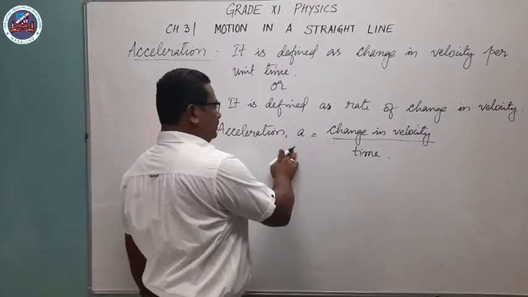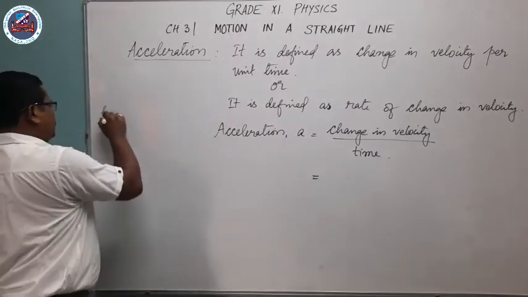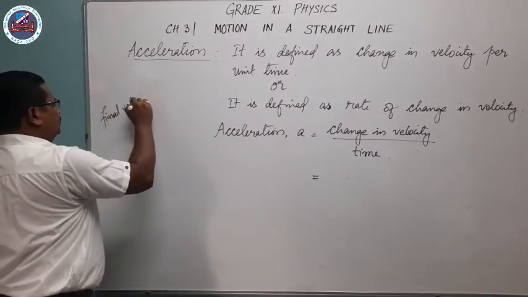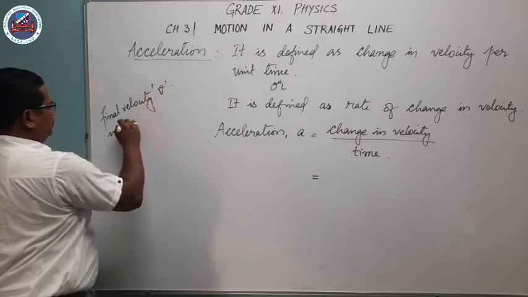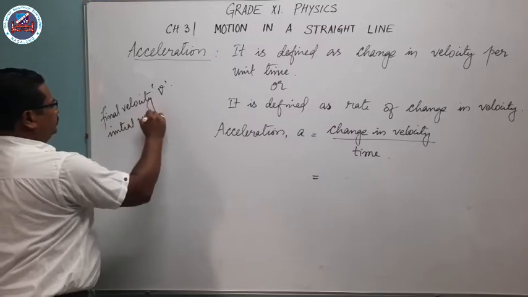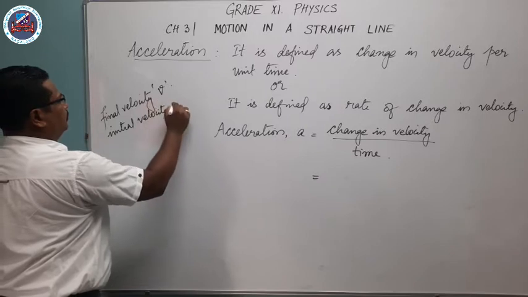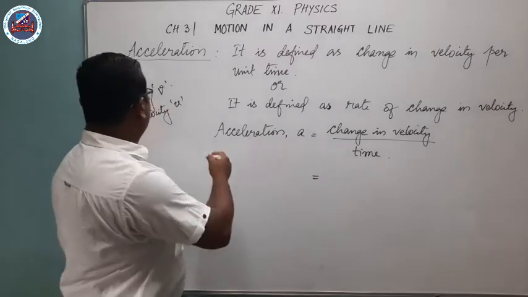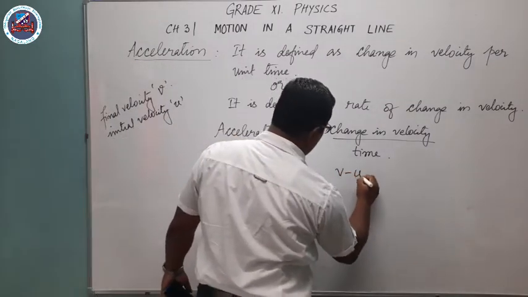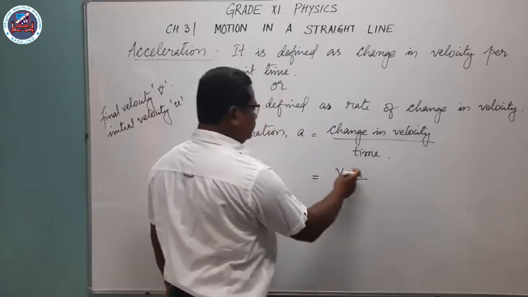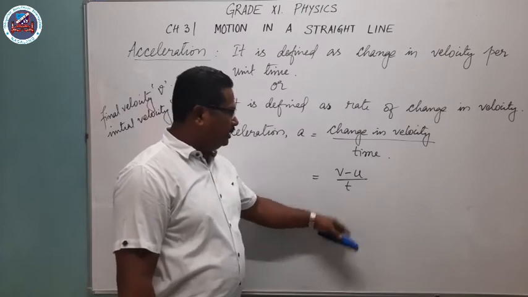Now if I take the change in velocity as these two, the final velocity is generally written as V, and the initial velocity we write as U. So if I take these two velocities, final and initial, then I will write V minus U divided by T. That is the change in velocity, final velocity minus initial velocity, with respect to time in the given time interval.